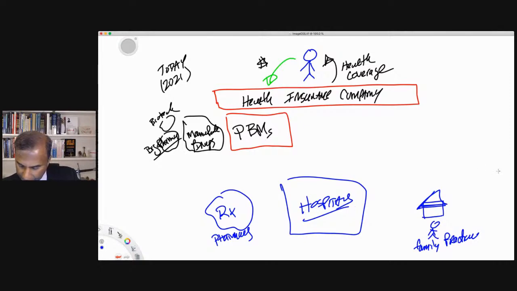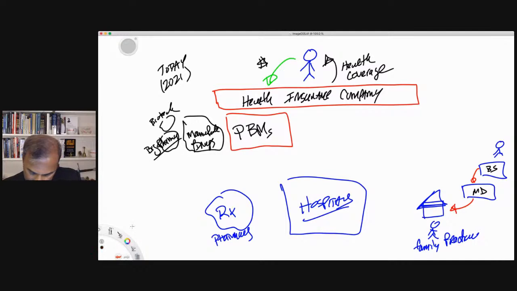In order to become a doctor, you start off wanting to be a doctor, so first people go to undergraduate, they get their bachelor's, then they have to go to medical school, so they get their MD. By the time the doctor comes here, they've gone through this process, and now they're trying to do their own family practice, right?